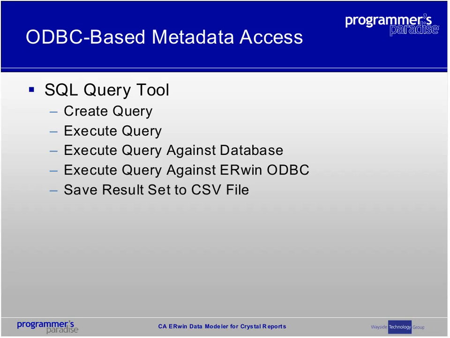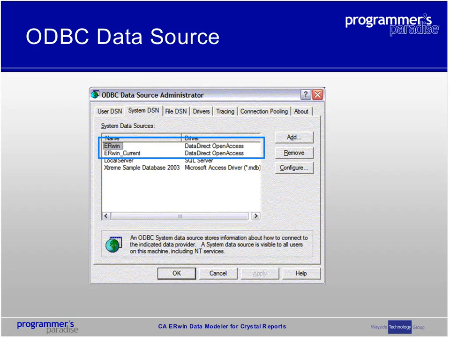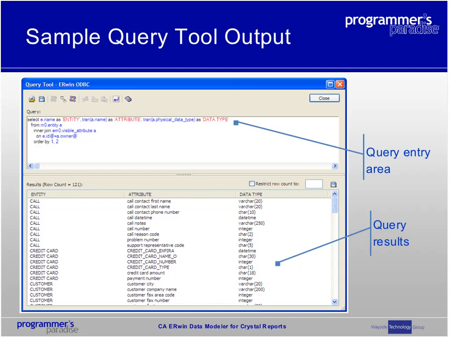All right. Save result set to CA ERwin. You could do that as well. The ODBC data source, we saw that before. Now, once you run a query, it's very easy. You have a top portion of the query where you actually go in and have the information right in. You can type it in yourself, and the bottom part will show you the query itself.